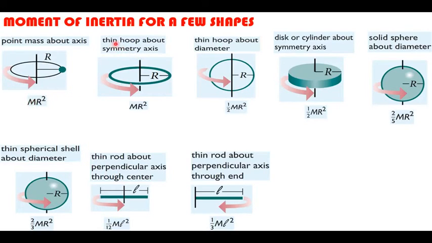Second one, tin hoop, a ring. Tin hoop means ring about symmetry axis. This axis is known as the symmetry axis because every point of this ring is at the same distance from this point.